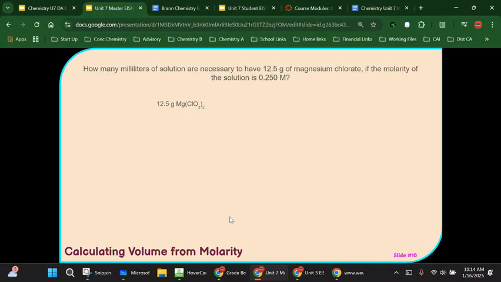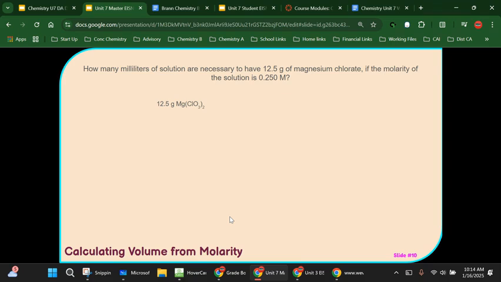Okay? So now, ladies and gentlemen, we are going to plug things into this formula. Where does this go? That would go on the top, like the mole. Left or right? Right. Okay? So I have to have either here or here.